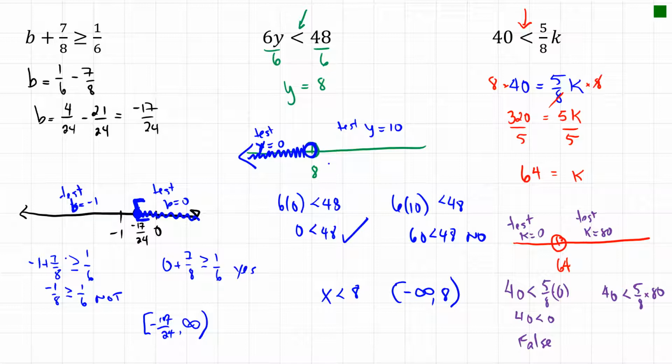Maybe that helps you explain why I chose 80, because 8 goes into 80 10 times. So is 40 less than 50? Yes, it is. So that means we shade this area right here, and it means our interval notation solution is 64 to infinity.